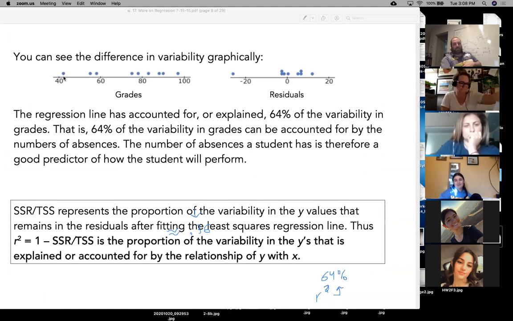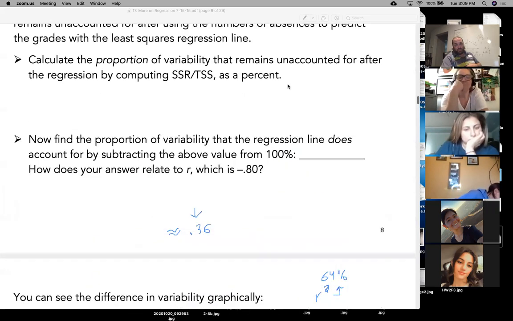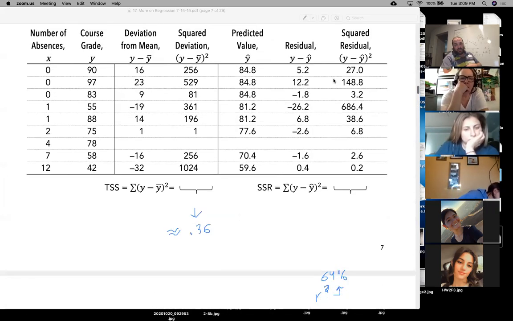So here are all the grades. When we look at all the grades, we see they're all over the place, scattered from 40 to 100. Lots of variability. Correct? But if you actually look at the residuals, they are pretty small in comparison.